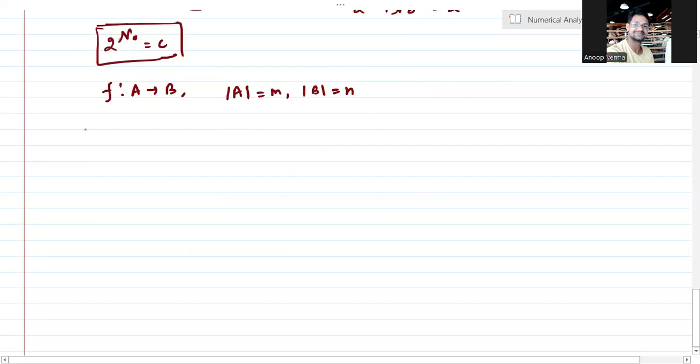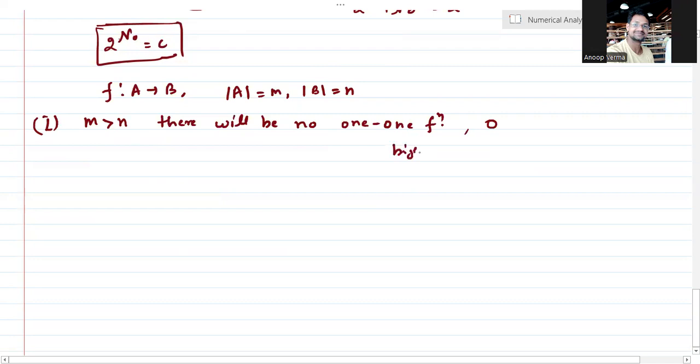How many functions will there be if m is greater than n? In this case, a one-one function will not exist, so the number of one-one functions is 0. Bijective functions will also be 0, because there is no one-one function. But how many onto functions are there in this case?